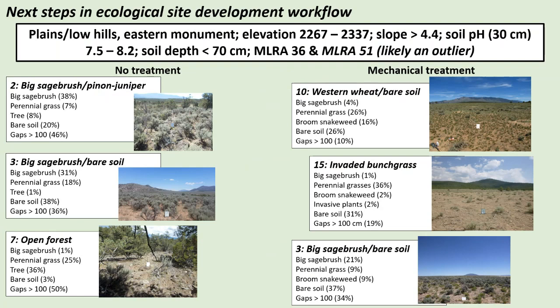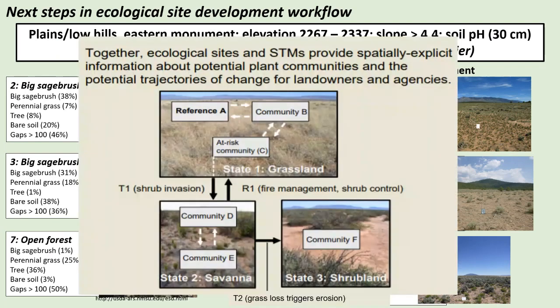So a large part of what I'm doing right now is taking information that looks like this, trying to turn it into a usable state and transition model, as I described before, with conversations with land managers and some additional data collection. And a part of that is really establishing ecologically meaningful threshold values from these data-driven concepts.